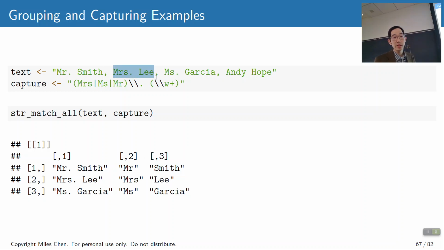And here this matches Ms. Lee, Ms. Garcia match, and it extracts out the portion of this pattern that matches, which would be their surname. Andy Hope does not match because Andy Hope is not preceded by one of these, this pattern of MRS, MS, or MR. Okay. So that makes sense as far as how these capture groups are working.